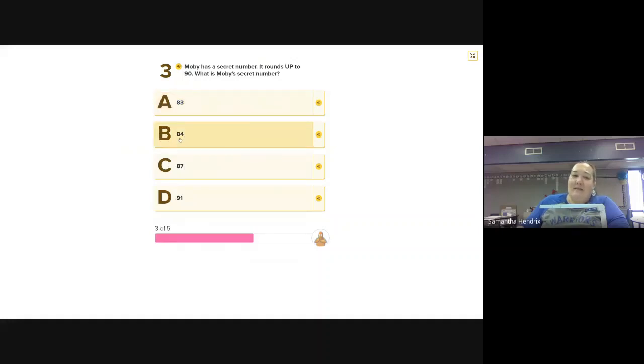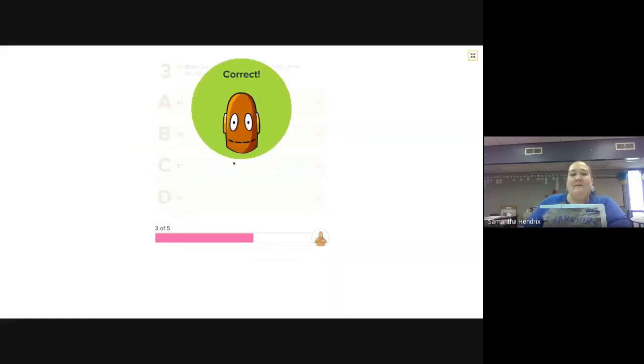Rest or raise? 4 or less, let it rest. What about 87? The 7, is it going to rest or raise the score? 4 or less, let it rest. 5 or more, raise the score. Right, that rounds to 90. Now 91 rounds to 90, but our question says it rounds up to 90. Good job.